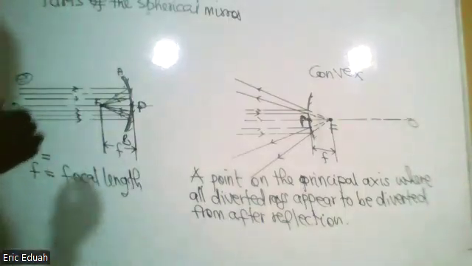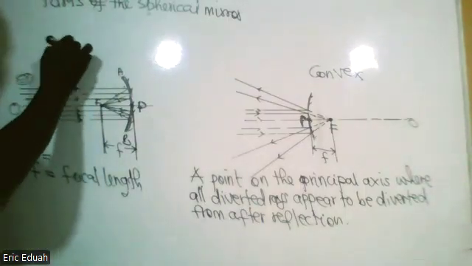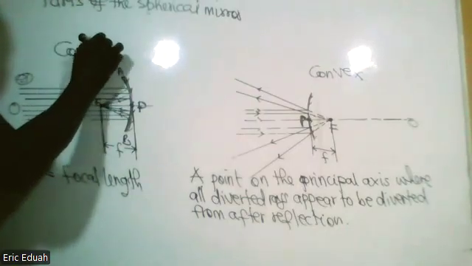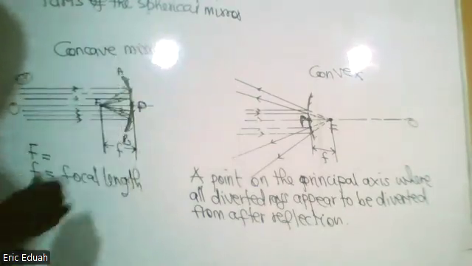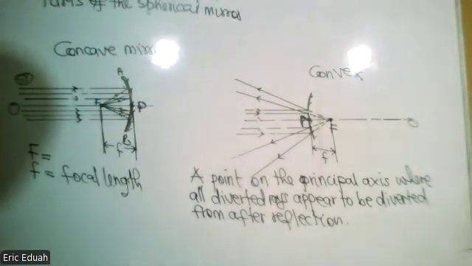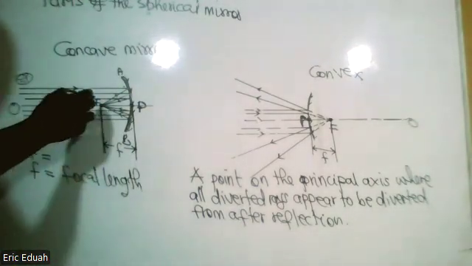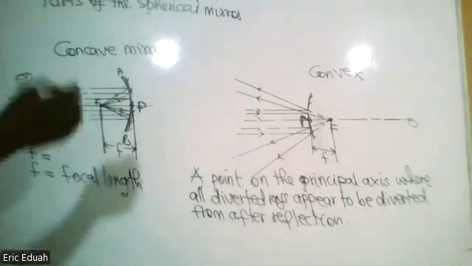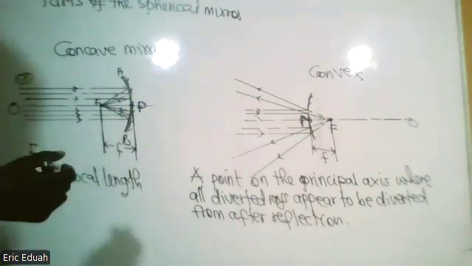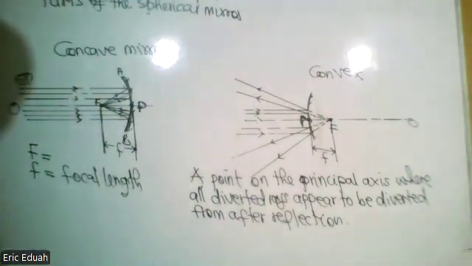In the case of concave mirrors, the principal focus is real, meaning paraxial rays actually converge at this point after reflection. So it is real in mirrors.